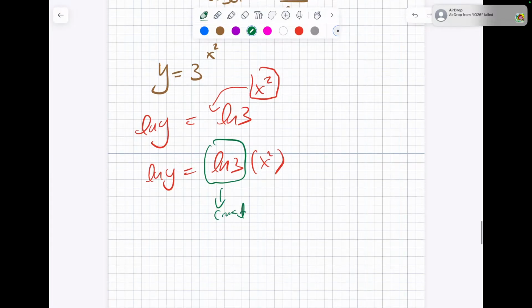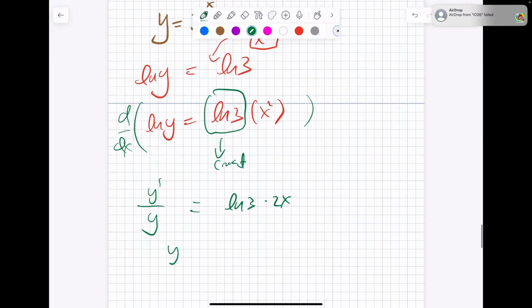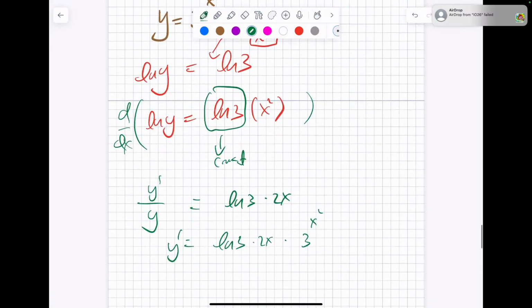Imagine that's a 2. You just take a derivative of the x squared. So now we're going to take a derivative of both sides, d/dx on both sides. So that's going to be y prime over y, just like what we talked about before. And then now this becomes what? ln 3 times 2x. Is that okay? Now I'll move the y back to the other side. So it'll be ln 3 times 2x times 3 to the x squared. And that's your final answer. A lot of you guys screwed up this part last year.